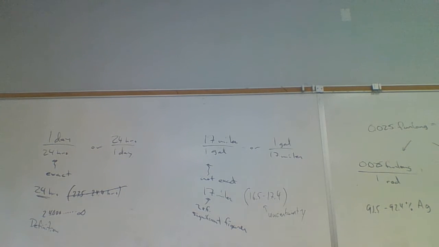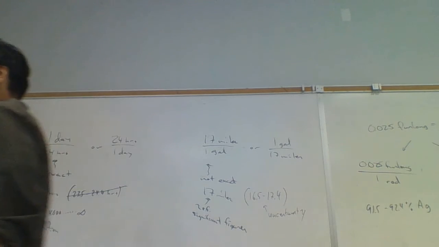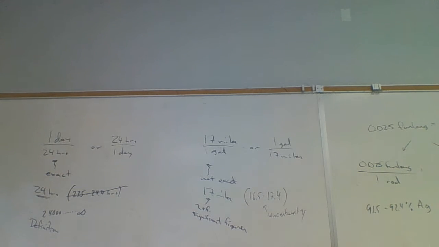If you have a piece of sterling silver, can you tell me exactly how much silver is in there? No, you can tell me approximately, but not exactly, right? If you have 3 days, can you tell me exactly how many hours there are in 3 full days? Yeah, you can. And so we're going to keep track of that because the numbers have meaning to them. We need to know that.